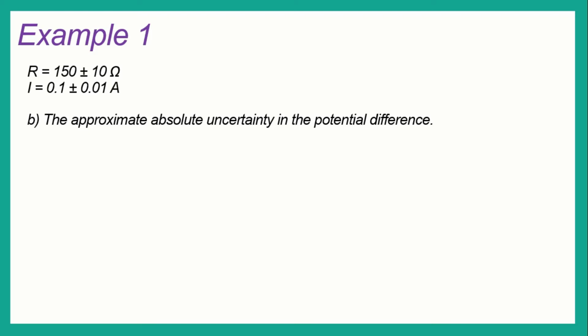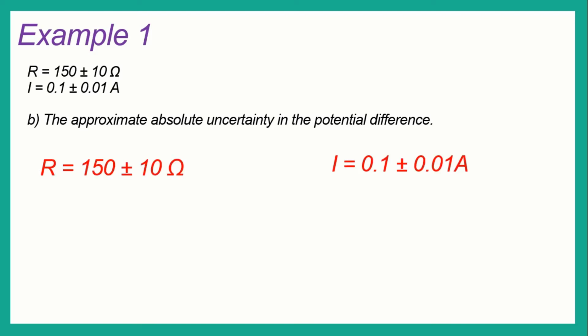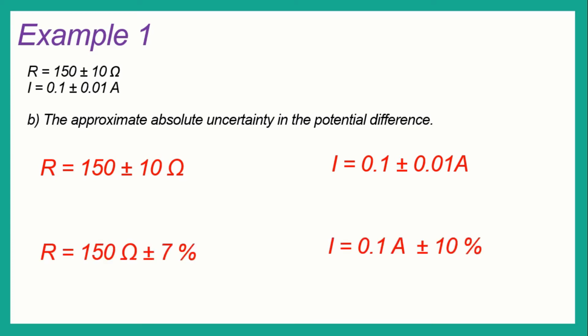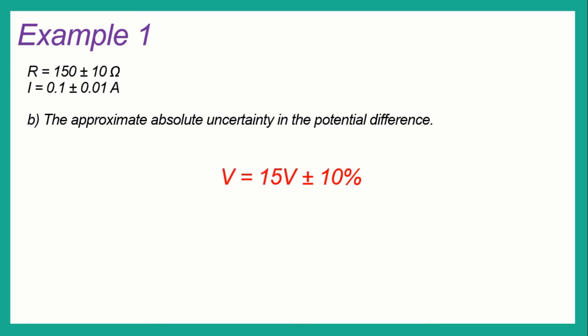And so we have to find 10 ohms as a percentage of 150 ohms and 0.01 amps as a percentage of 0.1 amps. Converting them into percentages, we find that the uncertainty in the resistance is 7%, whereas the uncertainty in the current is 10%. The uncertainty in the current is dominant.